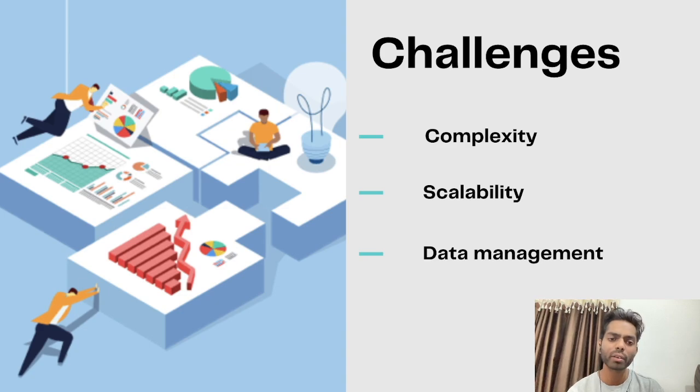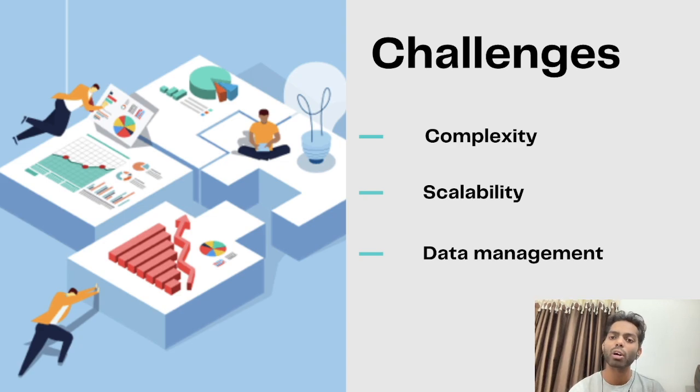For scalability, real-time analytics applications need to be able to scale quickly and efficiently to handle varied levels of traffic and workload. For data management, real-time analytics applications often require persistent storage such as databases or message queues. Managing persistent storage on Kubernetes can be challenging, especially for stateful applications that require data consistency and availability.